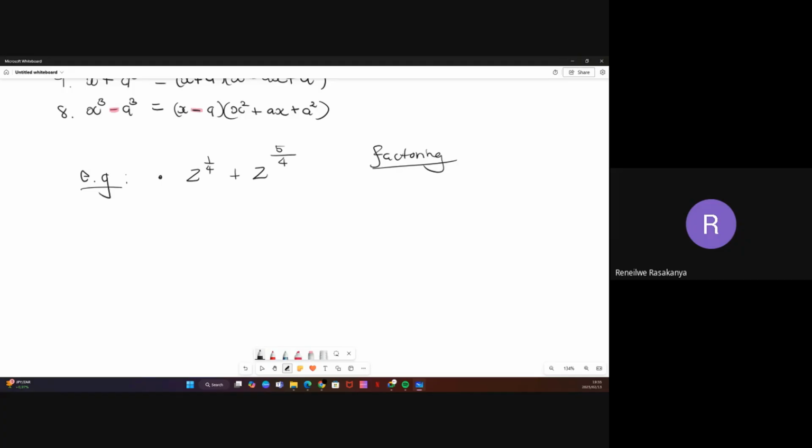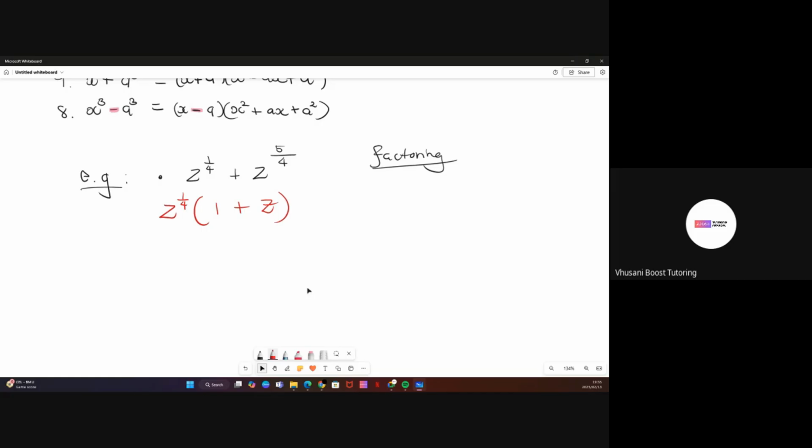Okay, so I think we factor out z to the power 1/4. Perfect. Then open a bracket, and then it's 1 plus z. I don't know if I'm supposed to say 4/4, but I think I can still write it like that, right? Yes, so that's 100% correct. You can say 4/4 if you want to, or you can just say a z over there, right?